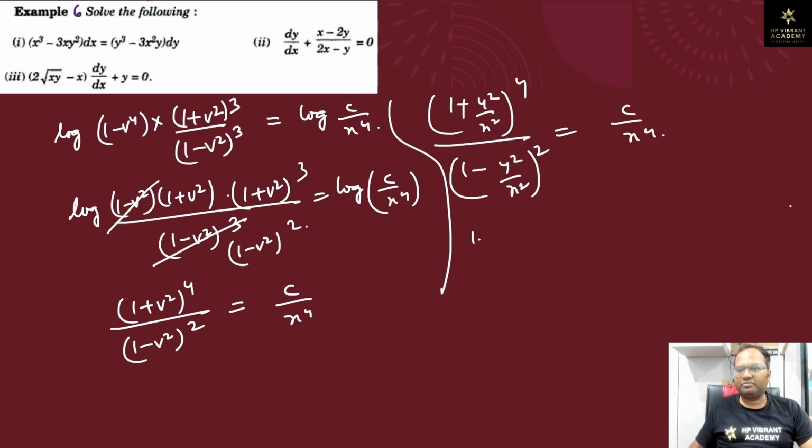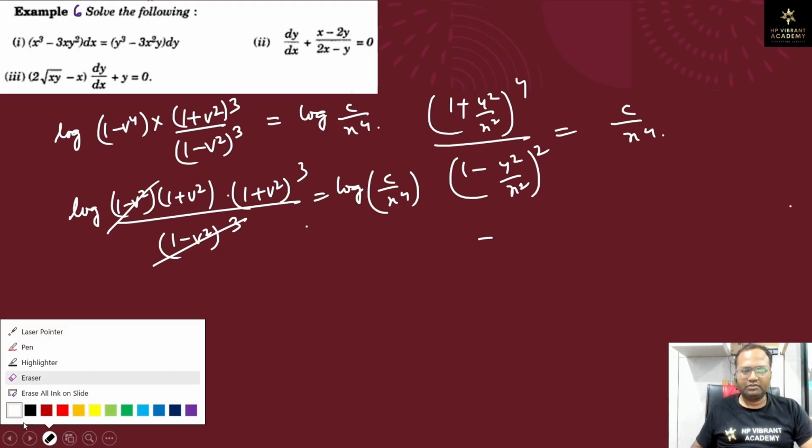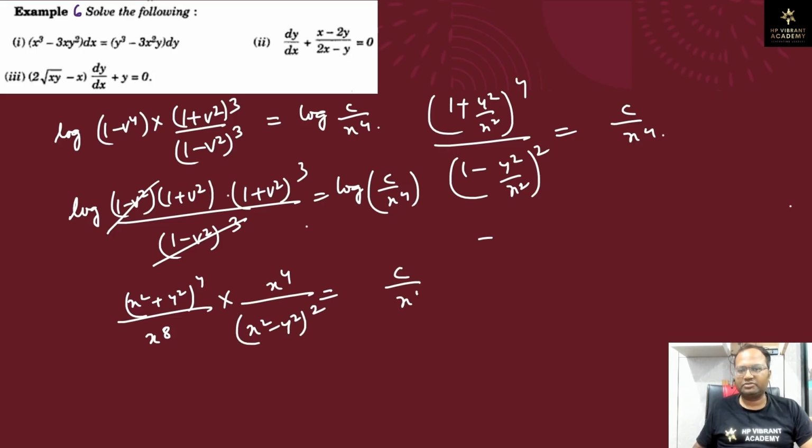So this is x square plus y square to the power 4 upon x to the power 8 times x to the power 4 upon x square minus y square whole square is equal to c upon x to the power 4. So this gets cancelled to x to the power 4 and this is x to the power 4.